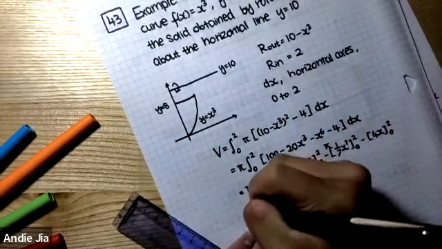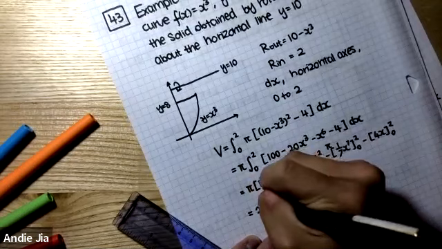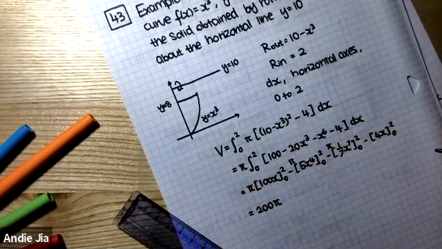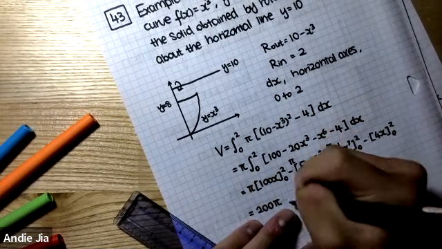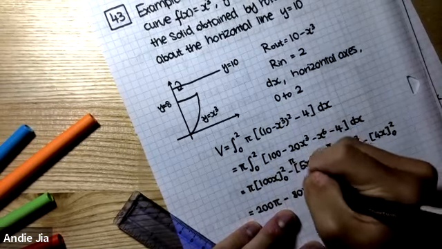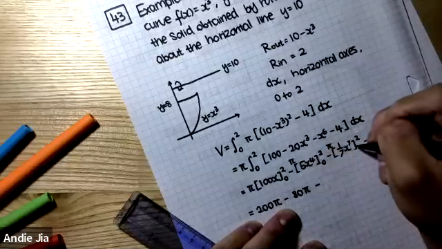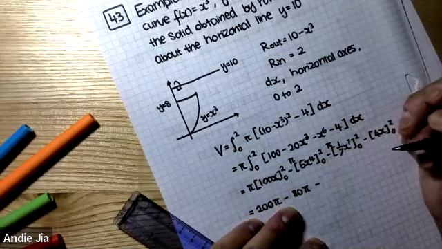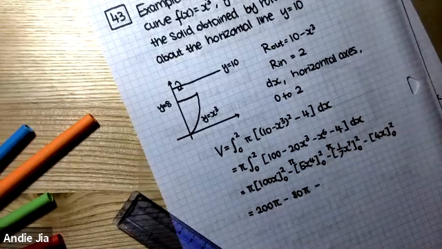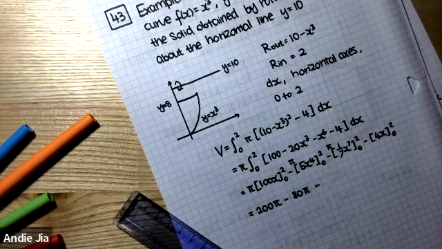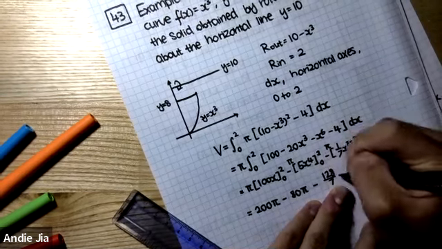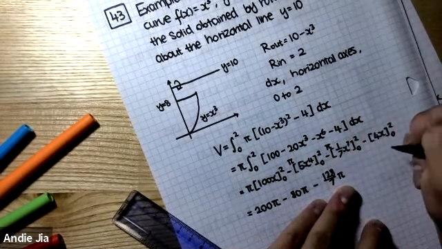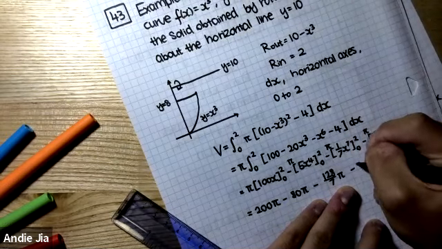We have 200 pi minus 2 to the 4 times 5, which is 80 pi, minus 2 to the 7th over 7, which is 128 over 7 pi, minus 8 pi.